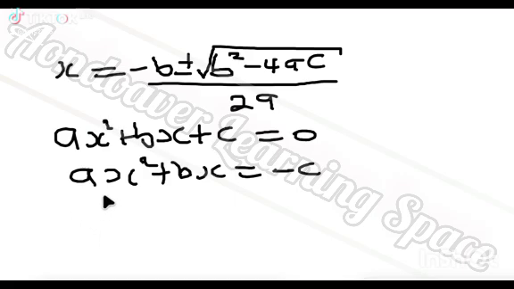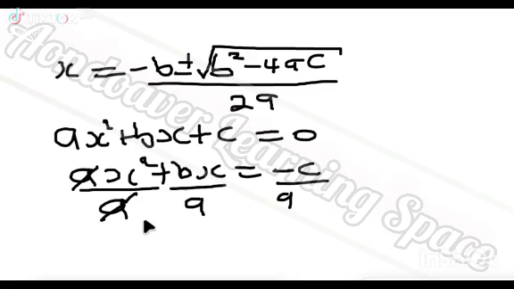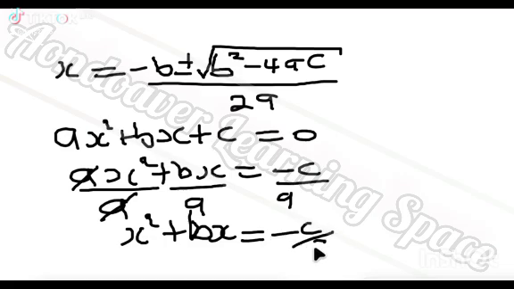So the next step is we divide through by a. So you divide this by a, divide this by a, and also divide this by a. A goes with what? A, right? So x squared plus bx over a is equal to minus c over a.